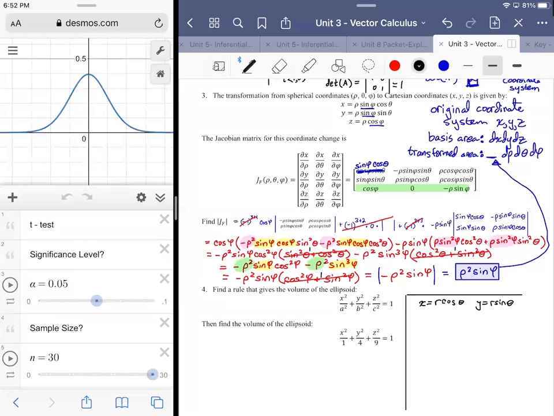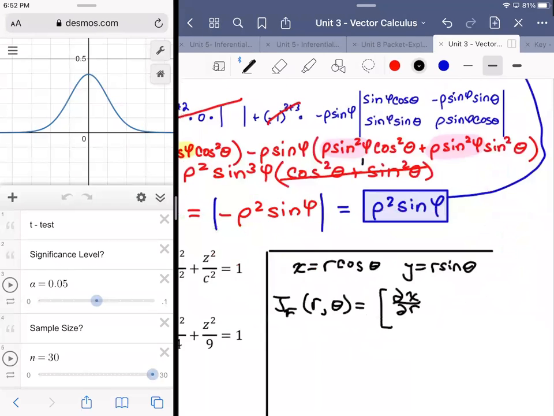All right. So if I want to find the Jacobian matrix for r and theta, I would differentiate my x equation with respect to r. I got to bring that in.